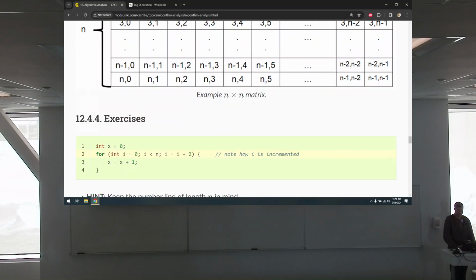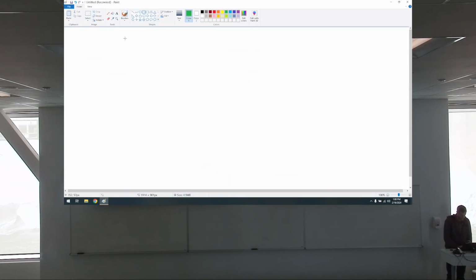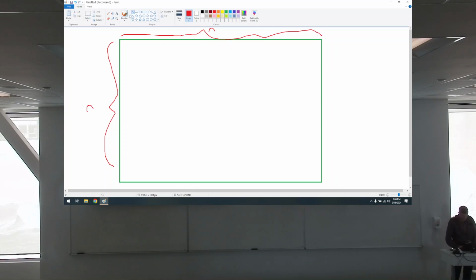Another way to think about it is, if I'm drawing this as a square, and this square goes from n to n, the first time through the loop, I'm going to just draw it as a straight line. I'm running all n things. But the next time through the loop, I'm doing a little less.